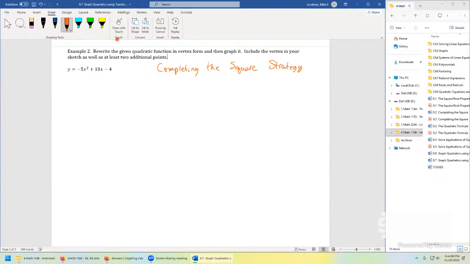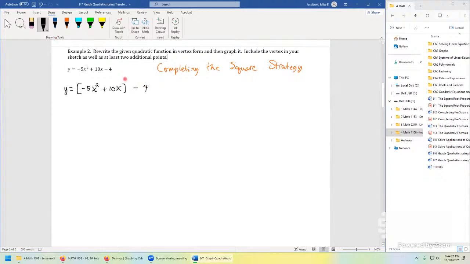This time it's not a perfect square polynomial, so we have to work a little bit harder, but it's really not too bad. Just as kind of a setup to this, what you want to do as your very first step is associate the first 2 terms. The degree 2 term, the degree 1 term, so 5x squared plus 10x, and then go -4. And let me change the parentheses to a bracket since other stuff is going to happen inside here.